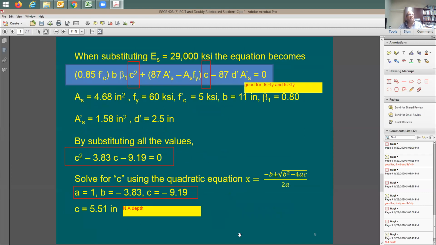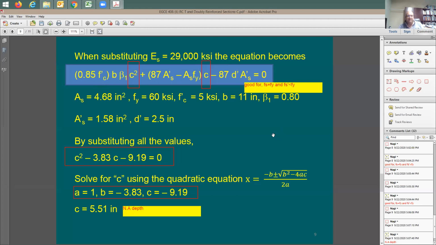My advice to you, take this problem here and do an Excel spreadsheet for it. It's going to make your life much easier, especially that you have all of these equations. You can put A's prime, you put d prime, you put As, you put the depth, the b, the f'c, the beta 1, and the whole thing, and you just input all of these values.